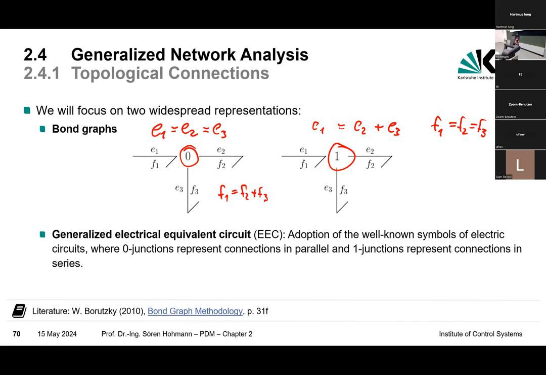So what I show you next are two strategies for how to systematically derive such equivalent circuits based on schematics. This is not a problem for electrical engineers with electrical schematics, but it might be a problem for transferring a mechanical object or a hydraulic system into an equivalent circuit.